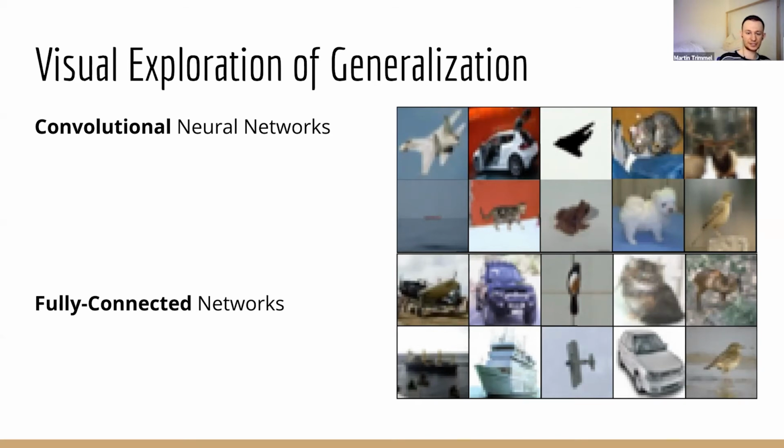So here I'm showing the samples that the original network is able to correctly generalize to, but for which the reduction of linear regions is hurtful. We show 5 random examples for both a CNN and a fully connected network across the first 5 CIFAR-10 labels. So that's airplane, automobile, bird, cat, and deer.